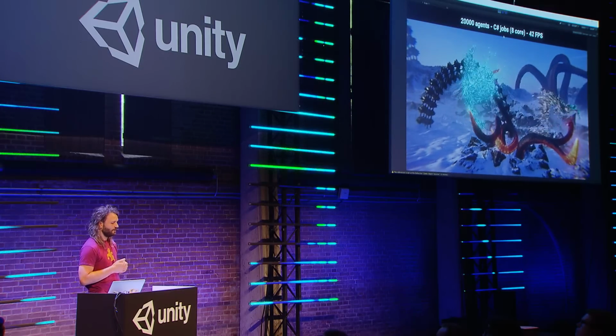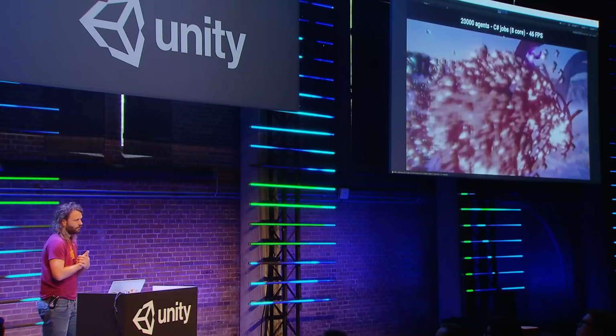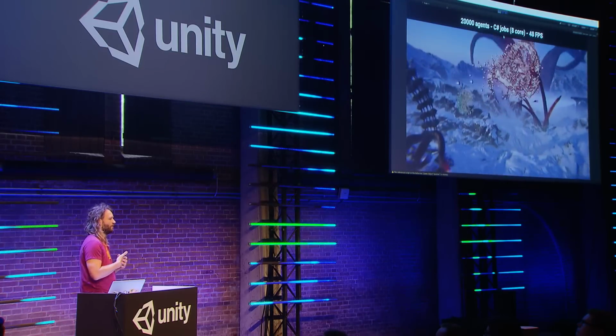Now, generally, when we're writing multi-threaded code, or when we're trying to write high-performance code, there are really three things that we need in order to get great performance. Number one, we want to have control over our data and our data layout, and the data that we really access on a frame-by-frame basis.